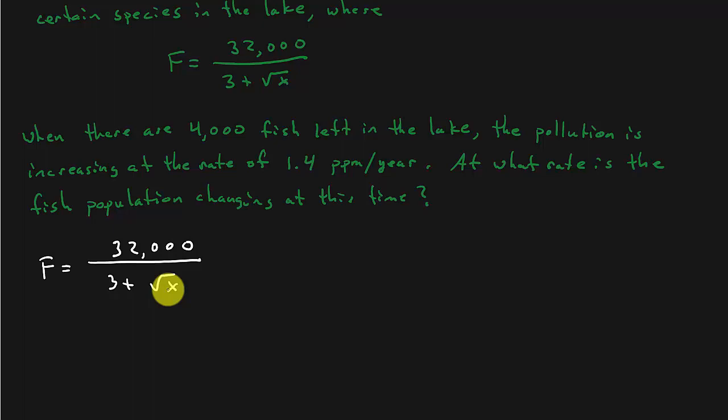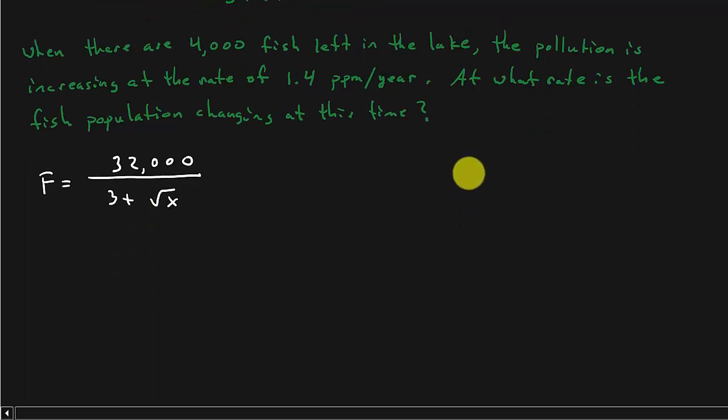All right, so basically we need to find the derivative of this. Let's find the derivative. So we have df/dt. This is quotient rule, so derivative of the numerator times the denominator minus the derivative of the denominator, so that's going to be 1 over 2 square root of x.